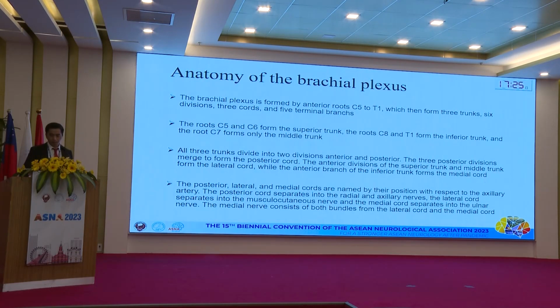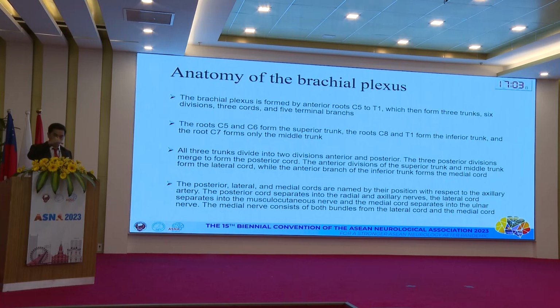The anterior divisions from the upper and the middle trunks form the lateral cord, while the anterior division of the inferior trunk forms the medial cord. So easy. The posterior, lateral, and medial cords are named by their position with respect to the axillary artery.